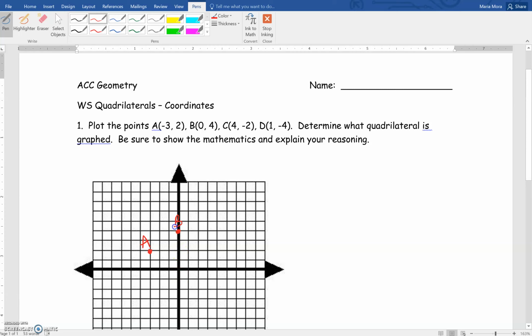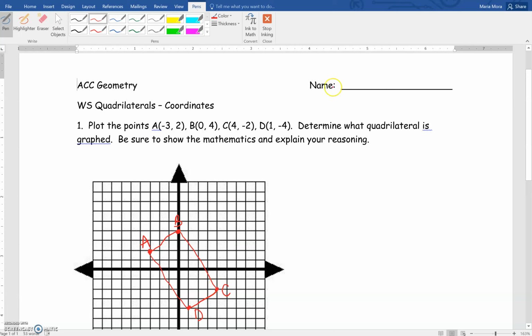Right now I'm using a stylus, so if you have a stylus you can use your stylus or you can use your hand or your finger to annotate over the work. 1, 2, 3, 4, and down 2, and then 1, 1, 2, 3, 4. Okay. Right, I'm going to connect my points. Sorry about my crooked lines.